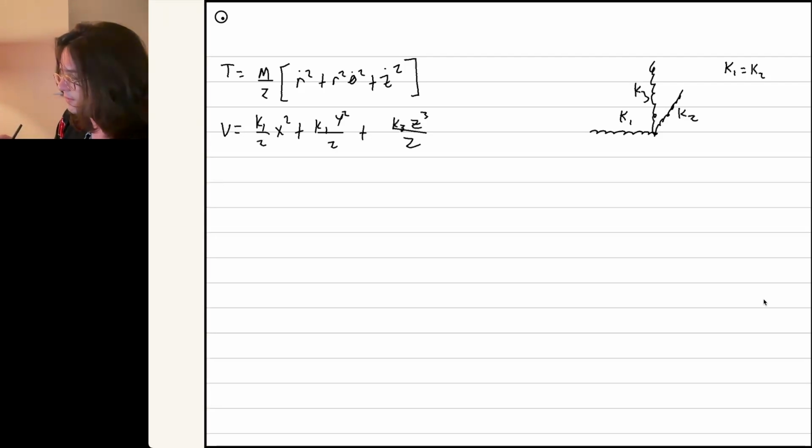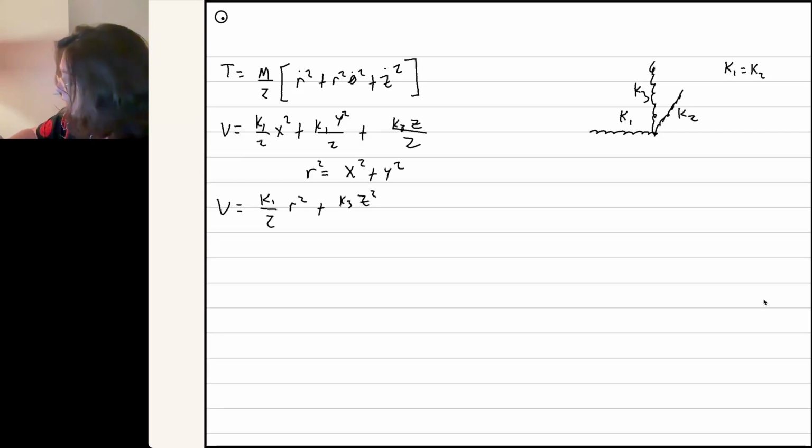To convert this potential into cylindrical coordinates, that's not too hard because r squared is just x squared plus y squared. That's an easy substitution. So we can rewrite the potential as k1 over 2 r squared plus k3 z squared over 2. That's supposed to be a z squared up there.